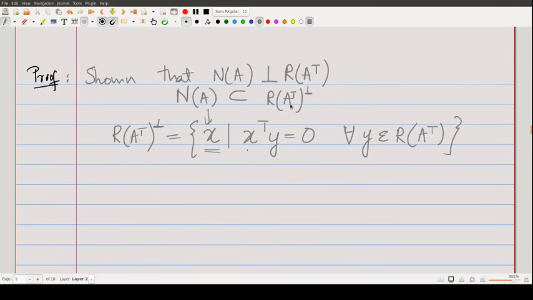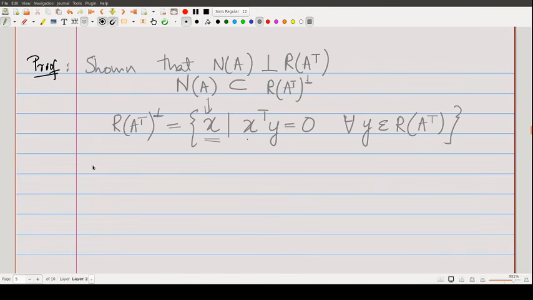And the question is, are there any other vectors in this orthogonal complement, other than the vectors that were found in the null space? And the answer is no, only these vectors are included. And the way we see that is as follows. Consider X belonging to the orthogonal complement of the row space.